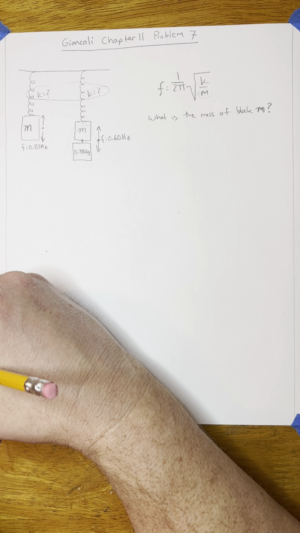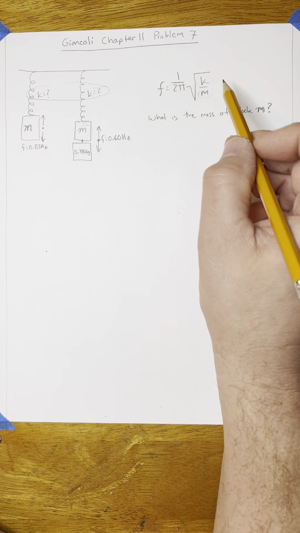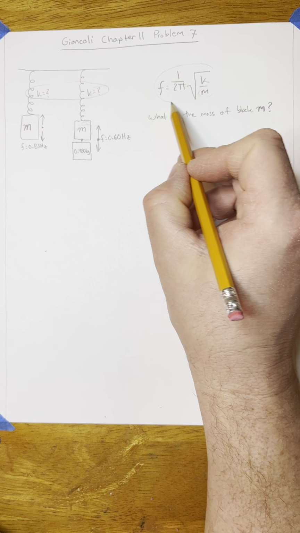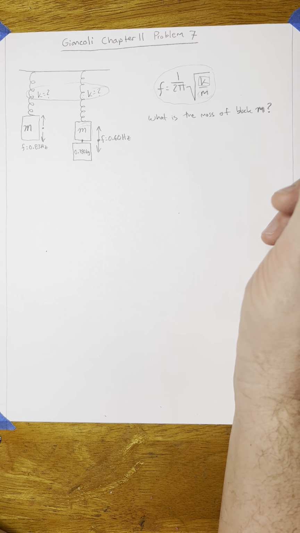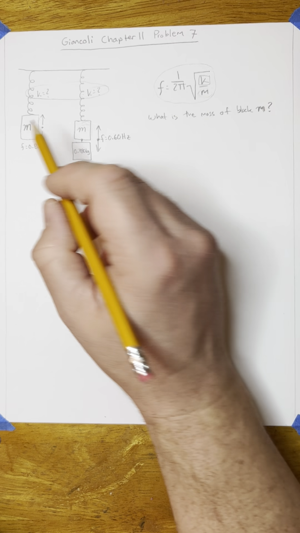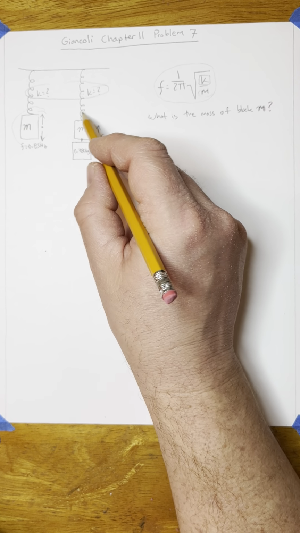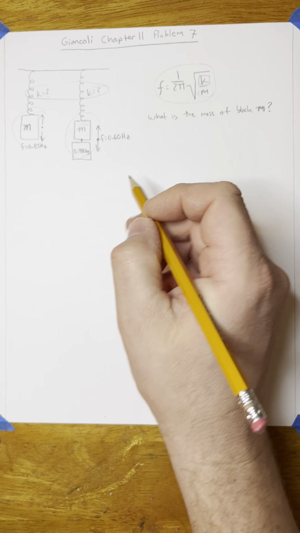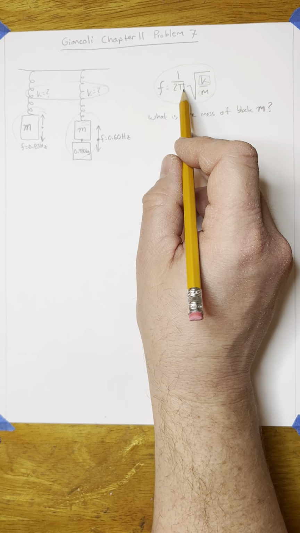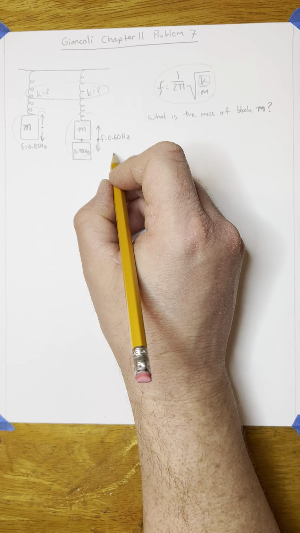We can use that to our advantage. We can solve this equation for k, and then we can use that to set this system equal to this system and solve for m. So our first step is going to be to rearrange this equation for k.